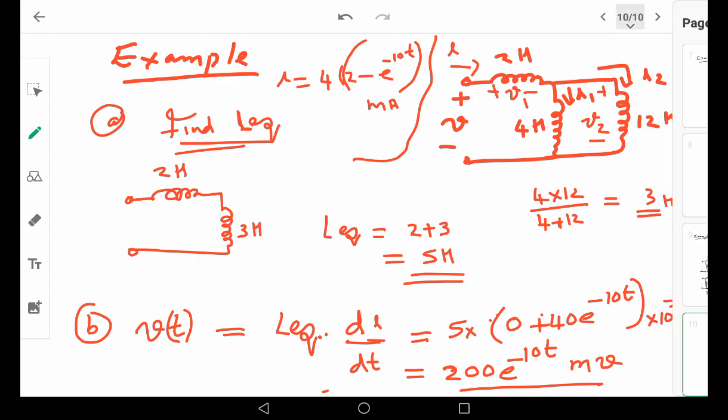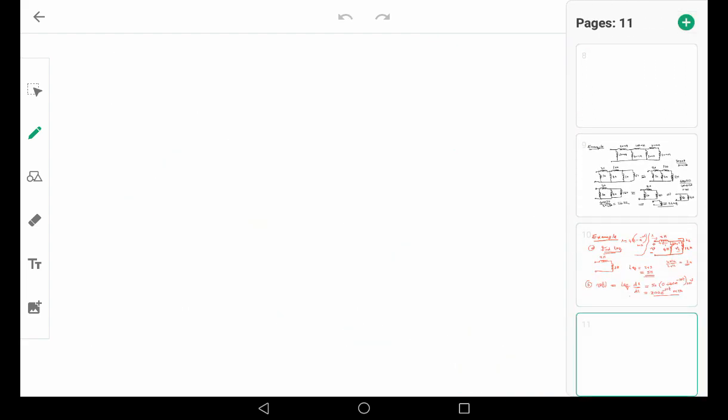Now the next is what is the value of V1t? V1t, you see, in V1 you have the same current I flowing, right?